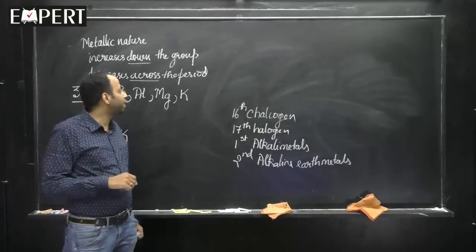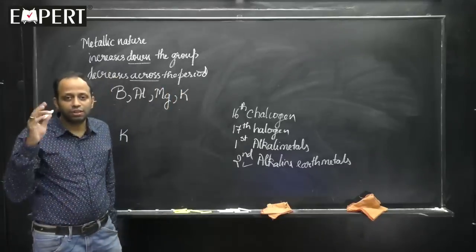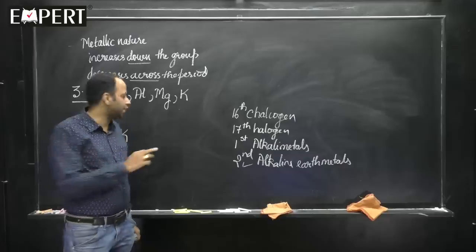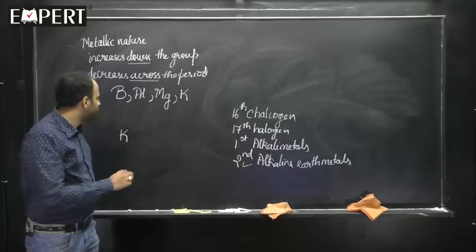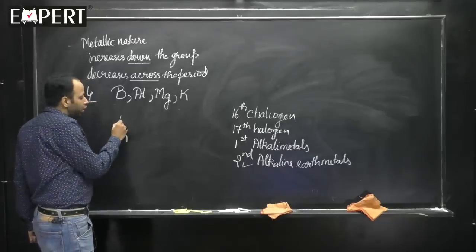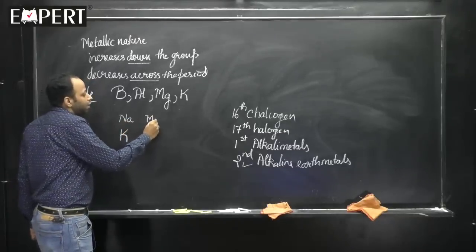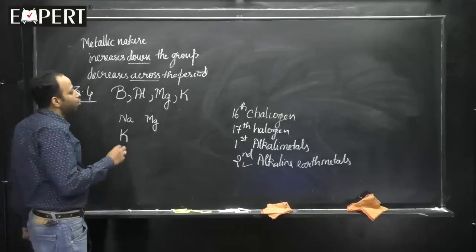Now magnesium, what kind of element is it? It is alkaline earth metal. Now this is where you have to know where does it come. Does it come after potassium? No, magnesium comes after sodium. So that means sodium comes above here, correct? Where does magnesium come? Magnesium will come here. So it is above potassium. Okay. What about aluminium?